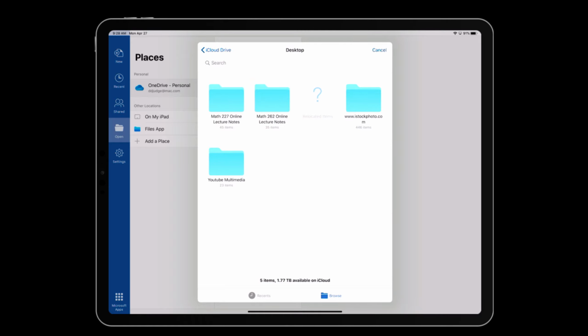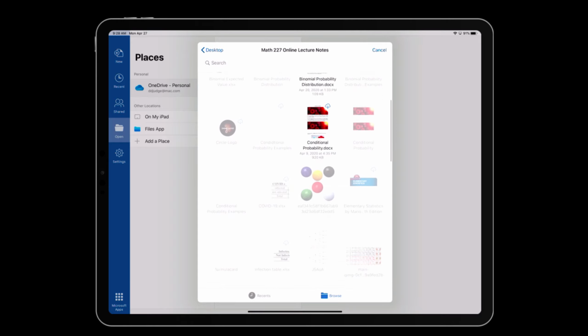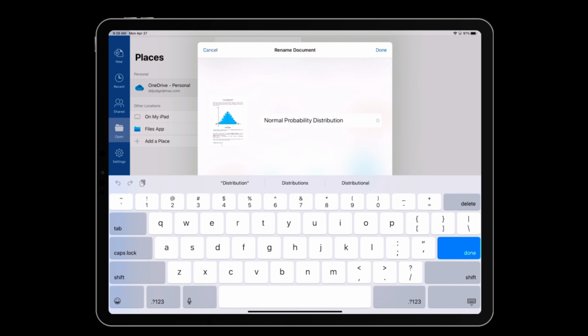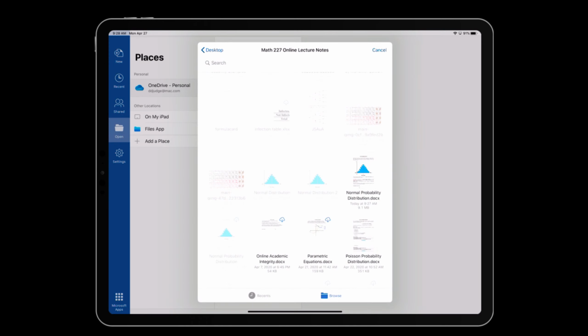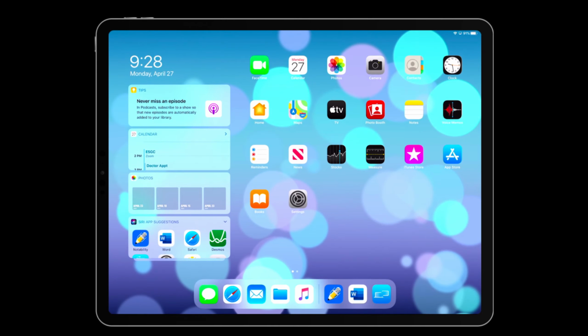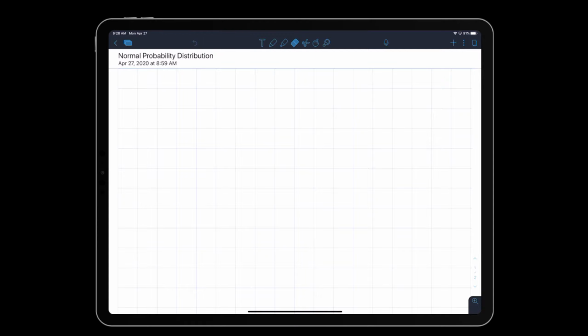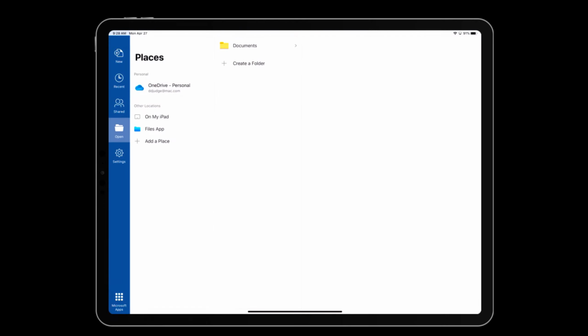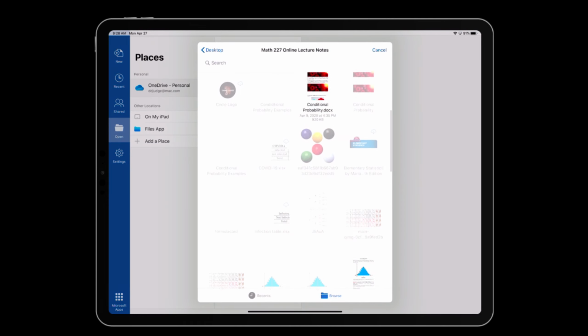Okay, 4989. Let's go back. Okay, document open. No, I don't want to rename this. Okay, let's see if this works. Go back. Okay, Word. All right, 4989.